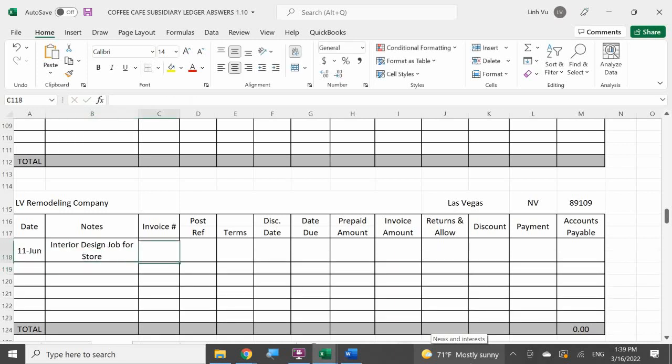Invoice number 1754. Post reference general journal number 4, terms. We were given terms. It's going to be due in 4 days. So no discount. However, it's due in 4 days. So what date is this bill due?